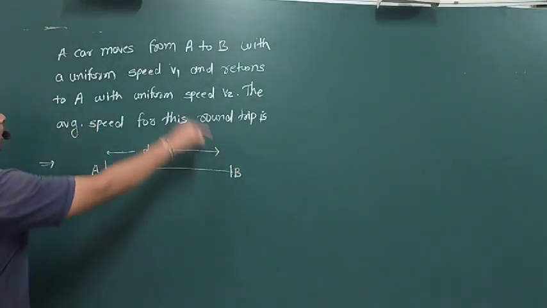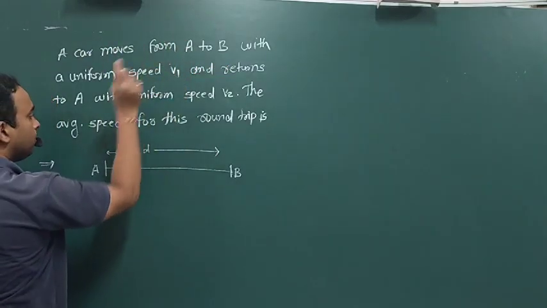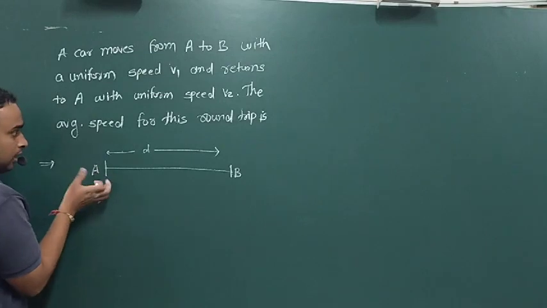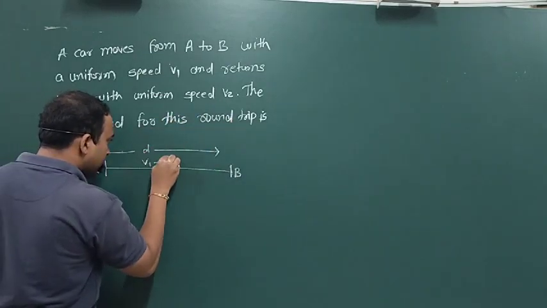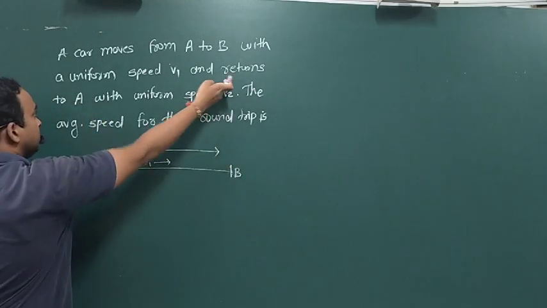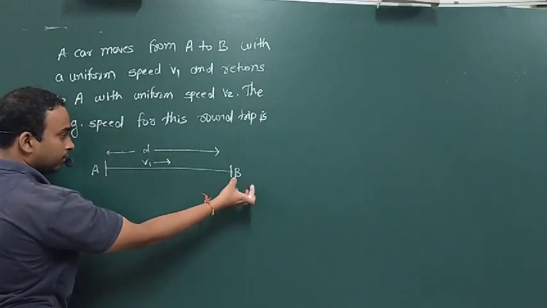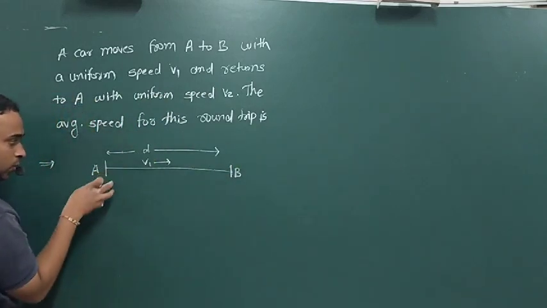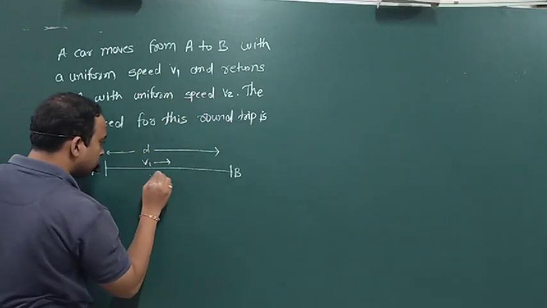Now see here, a car is moving from A to B with uniform speed v1. That means the car is moving from A to B with speed v1. And it returns to A, that means it again travels from B to A with uniform speed v2.